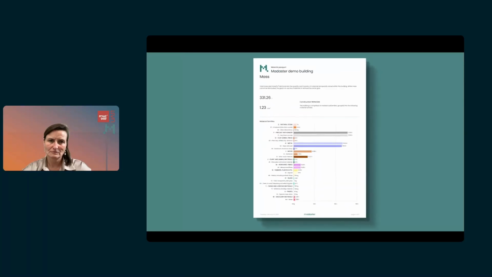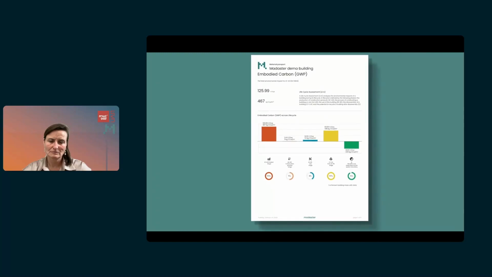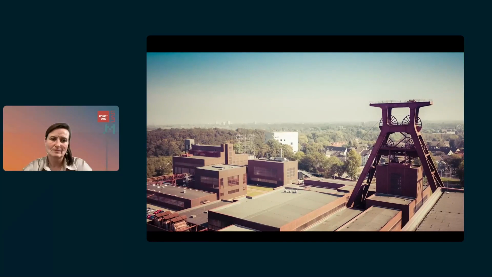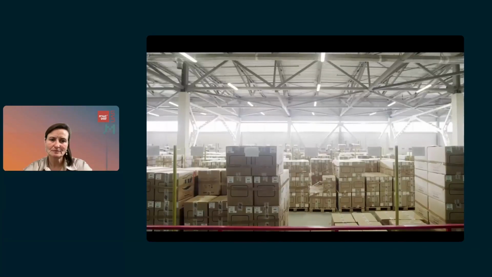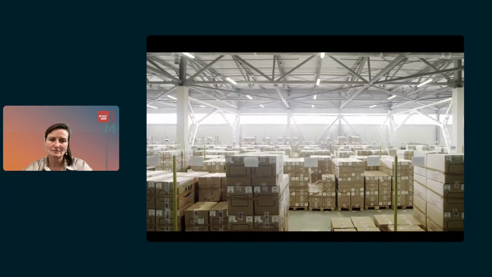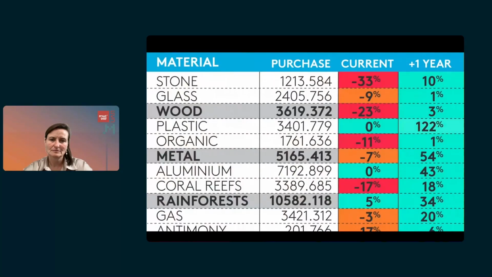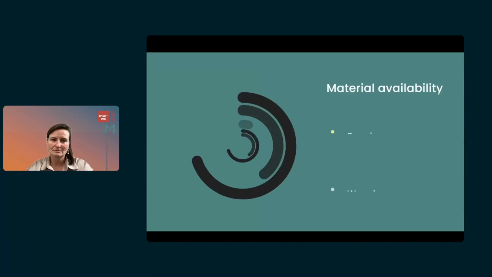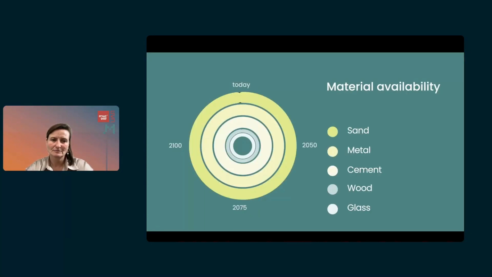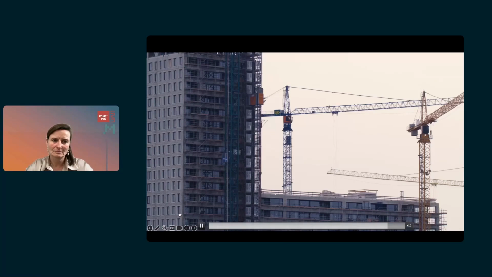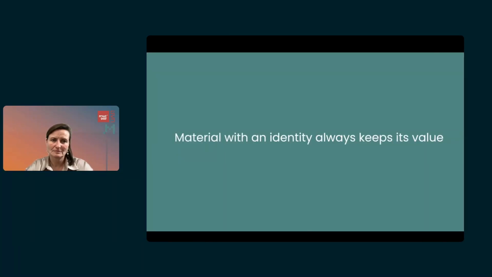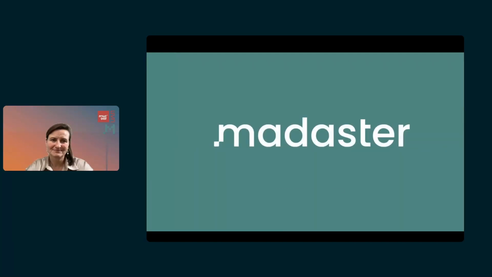Communication, passports to support certification and compliance. Documenting existing buildings leads to material mines. Documenting new buildings leads to material depots. Valuation of materials leads to buildings as a material bank. Madasta makes finite materials infinitely available. Install, use, recreate. Material with an identity always keeps its value. Madasta.